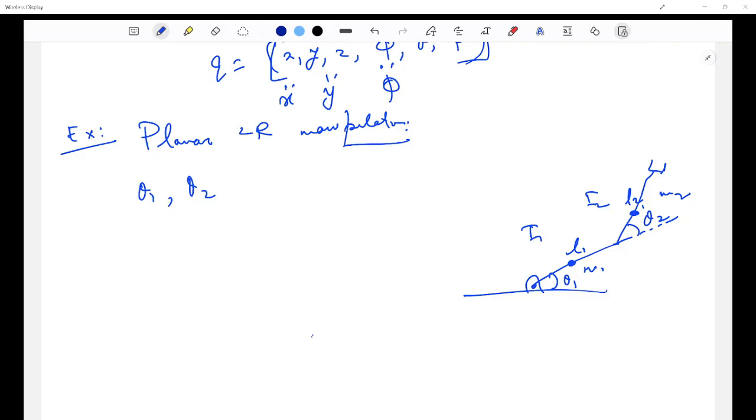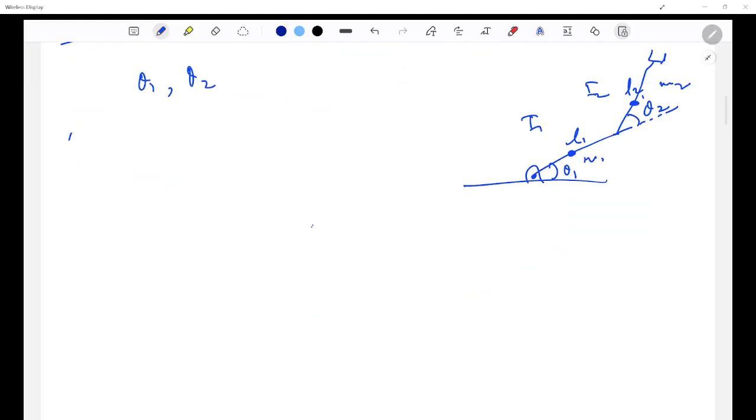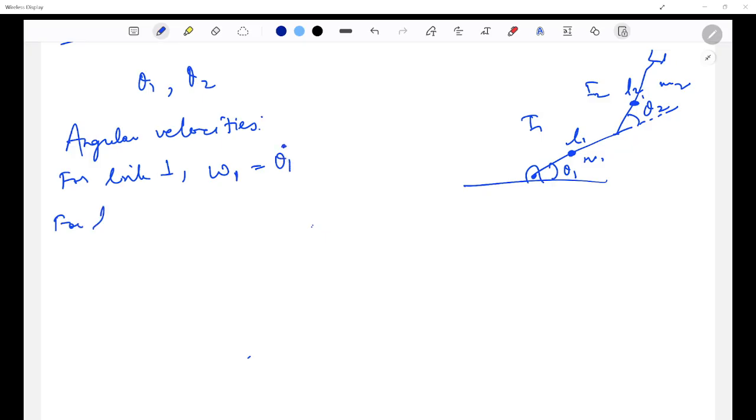Let's move forward. First we'll talk about the angular velocities in detail. For link 1, omega 1 is equal to theta 1 dot, right? For link 2, your omega 2 would be what?